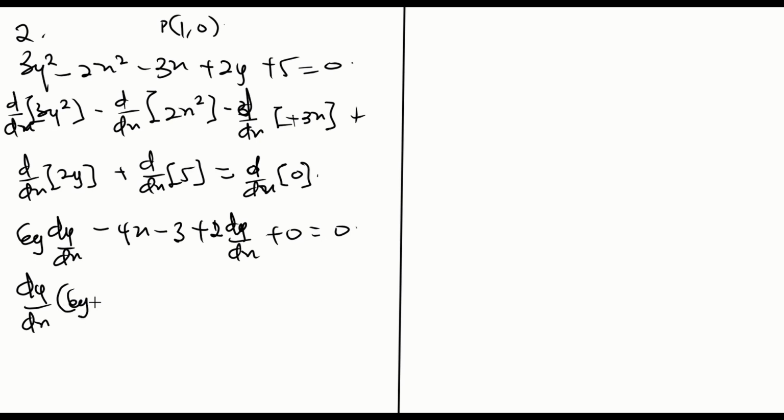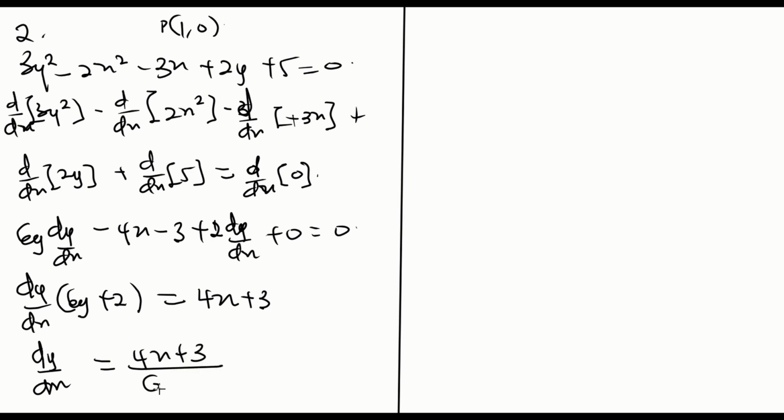We are going to get 6y plus 2, and this should be equal to, we send this to the other side, it becomes 4x. We send the minus 3 to the other side, it becomes plus 3. We make dy/dx the subject. This gives me 4x plus 3 all over 6y plus 2.